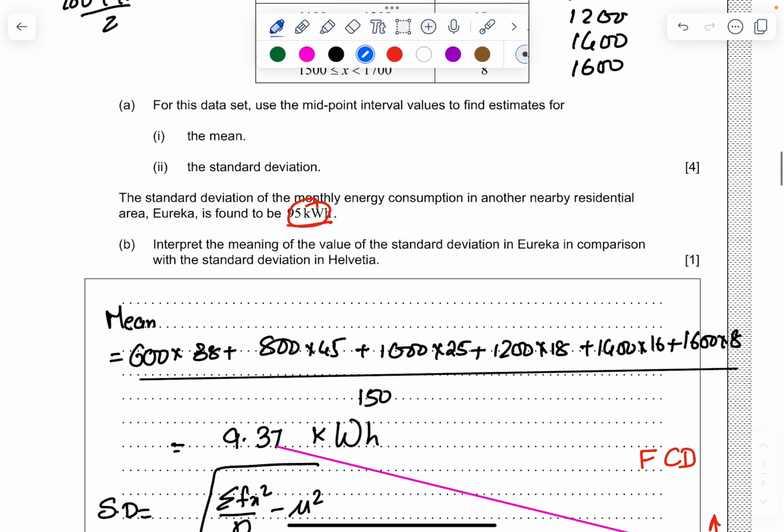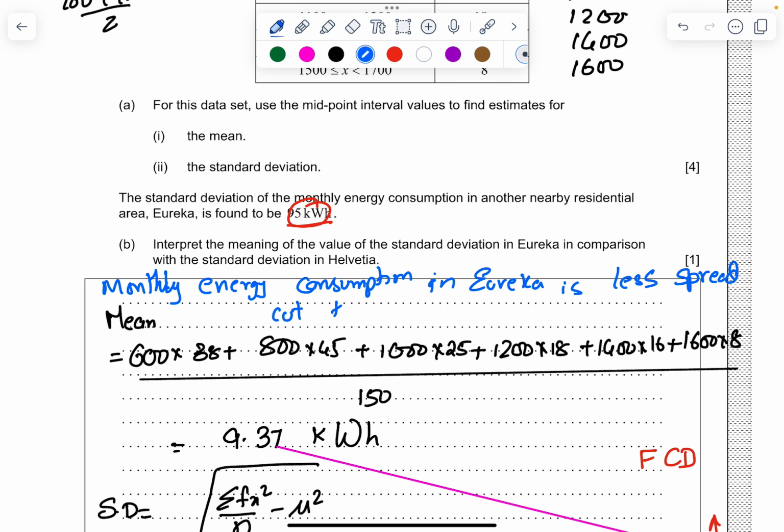I am going to write monthly energy consumption in Eureka is less spread out than that of Helvetia.